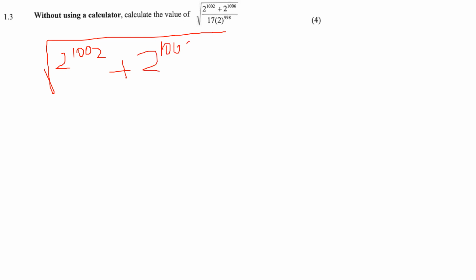So in this question here, we have a square root of 2 to the power of 1002 plus 2 to the power of 1006 actually, all divided by 17 multiplied by 2 raised to the power of 998.